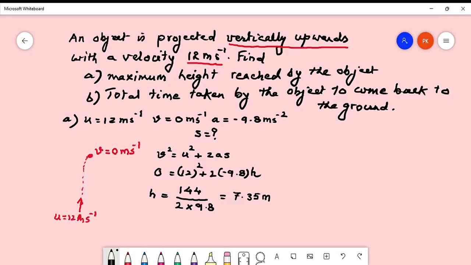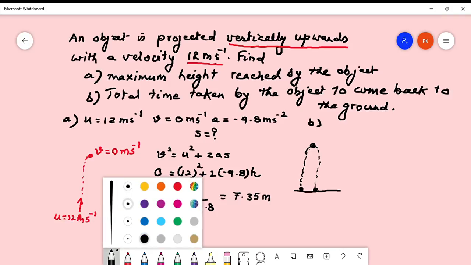Now, let us come to part B here. Now, object is projected from some point on the ground. It goes to the maximum height. There it will become stationary. It will turn back and come to the ground again. So if we see the vertical direction, what will be the displacement?